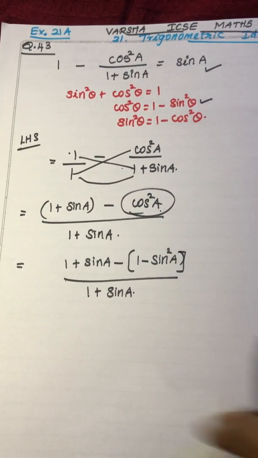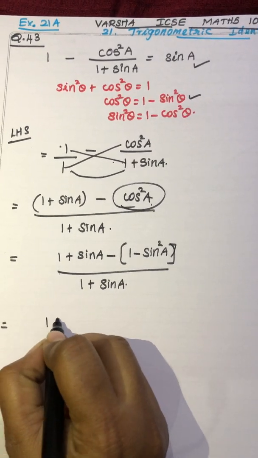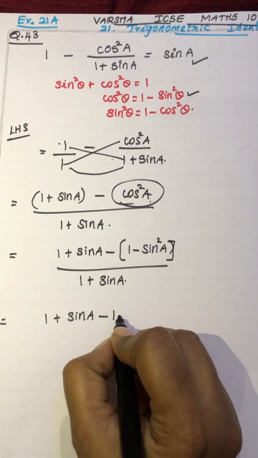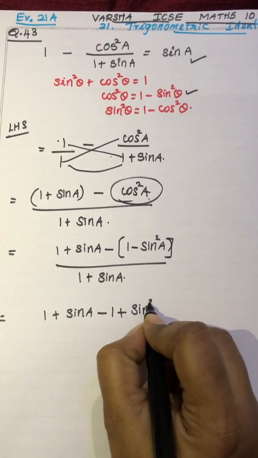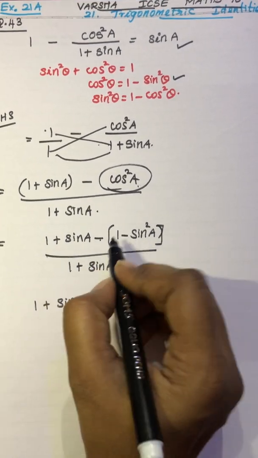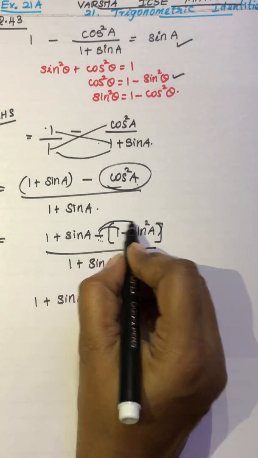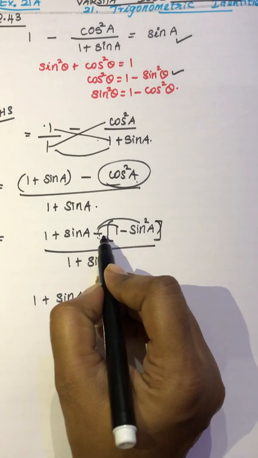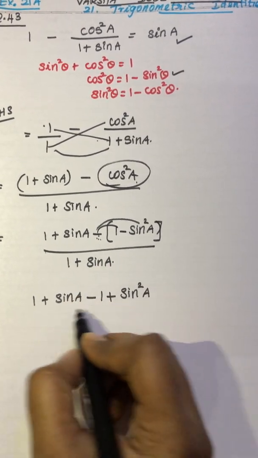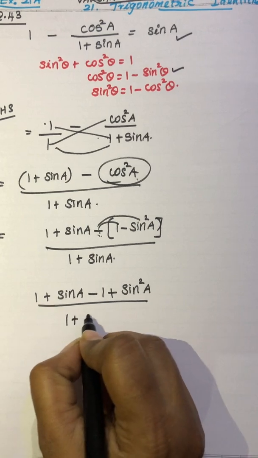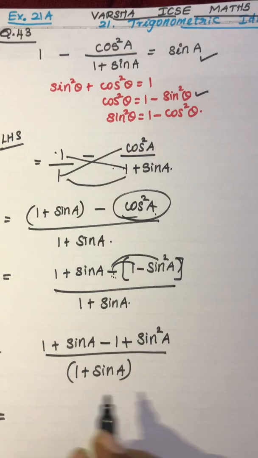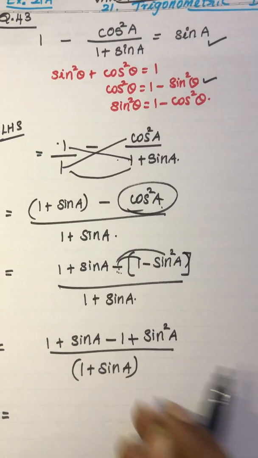So this is 1 plus sin A minus 1 plus sin square A. What we have done is multiplied the minus, because this minus is common for both the terms. That is why the 1 is changed into minus 1 and sin square A is changed into plus, divided by 1 plus sin A. Which terms can be cancelled?